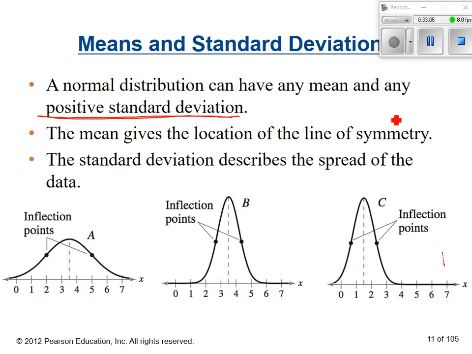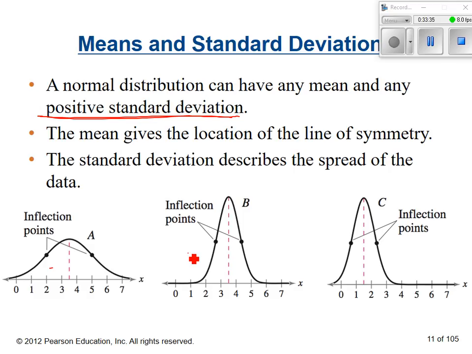How come they look completely different? Standard deviation. This one's got a bigger standard deviation. Looks like standard deviation is more than 1. This one's got a smaller standard deviation, so it's clumping the data together more. So bigger standard deviation, smaller standard deviation.